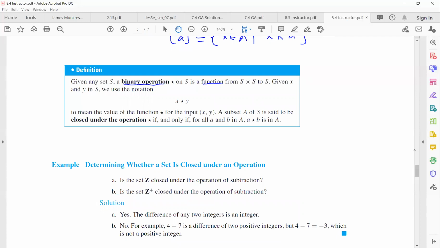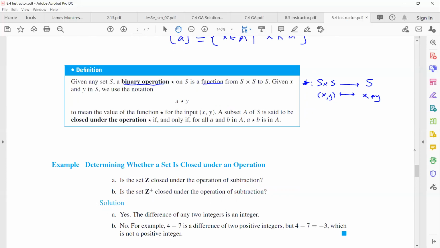For any two elements in S, this binary operation takes x and y and maps it to x star y. So this is your star operator, binary operator, S cross S to S. It takes x and y and maps it to x star y. Binary operation.